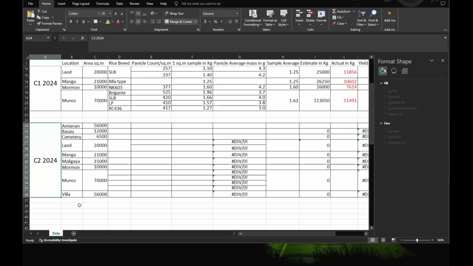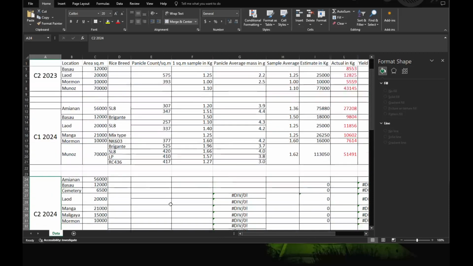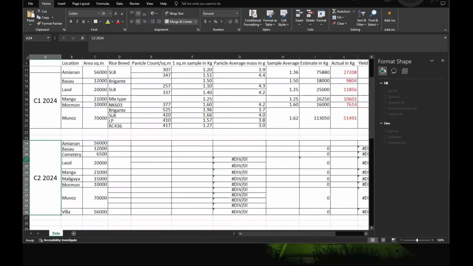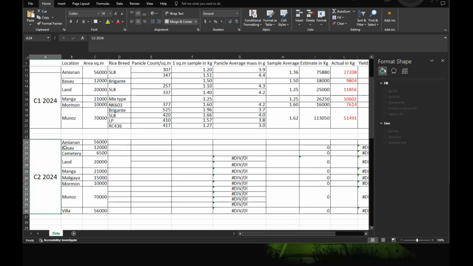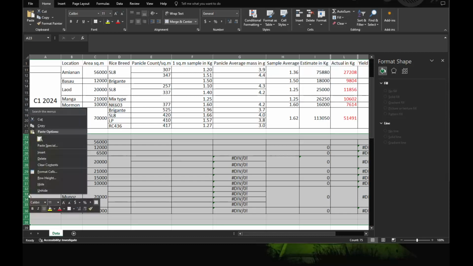So for second crop 2024, I have 1, 2, 3, 4, 5, 6, 7, 8, 9 locations, and I would have more data to work with, figuring out what it is that I need to work upon.